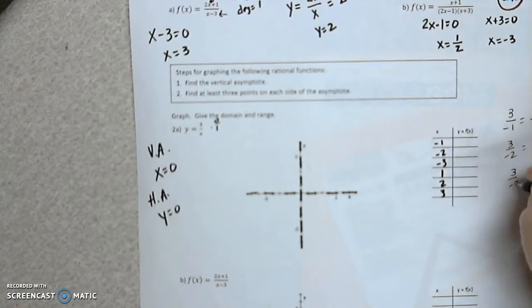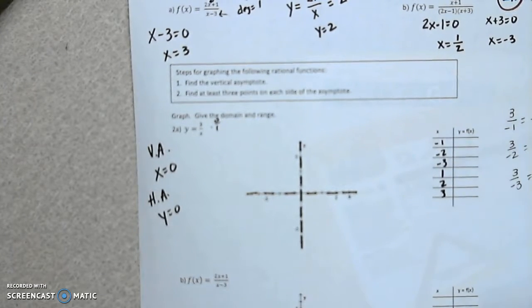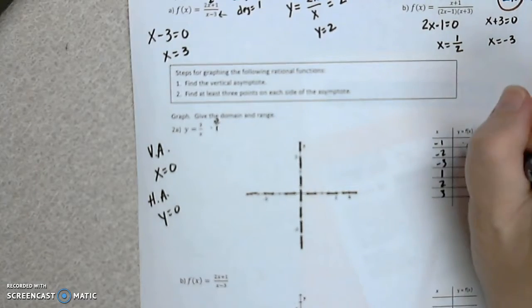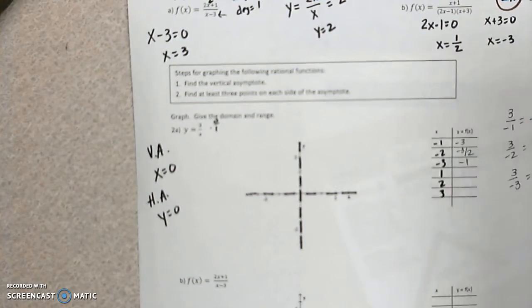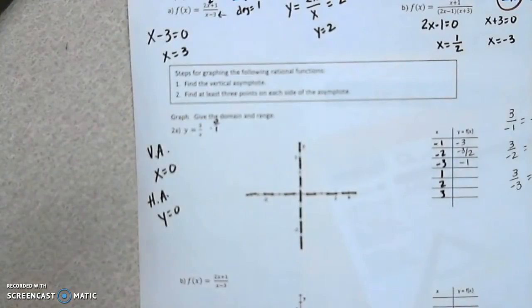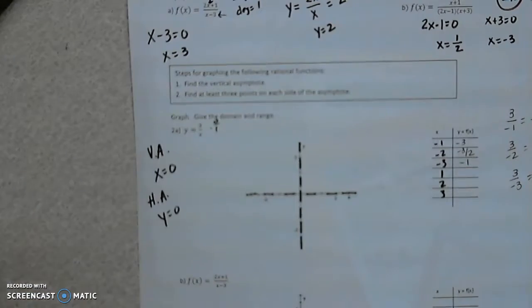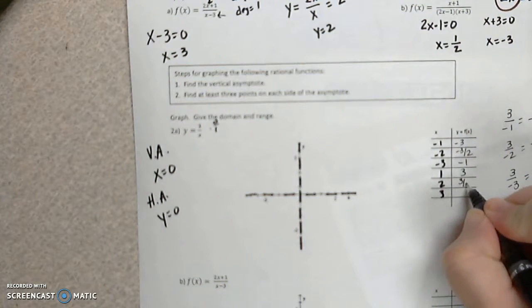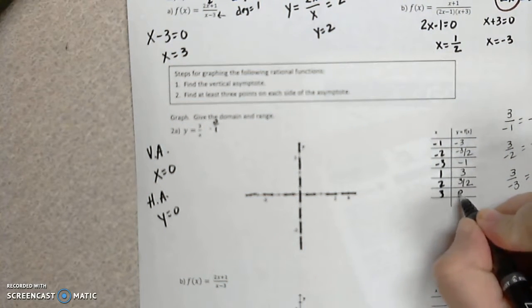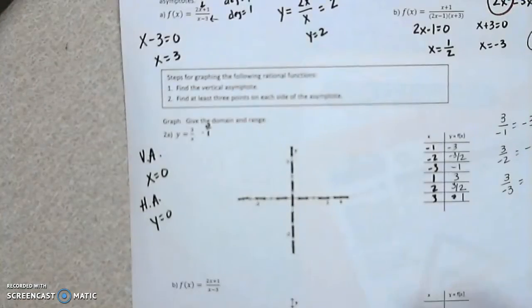And 3 over -3 would be -1. So -3, -3 halves, and -1. And if I fill in 1, 2, 3, it should simply be the opposite. So +3, +3 halves, +1.